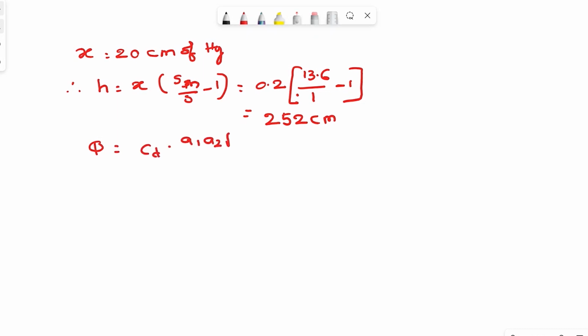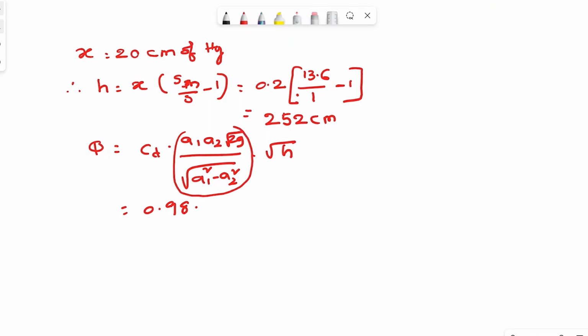So now Q is equal to CD into A1 A2 root 2g divided by square root of A1 square minus A2 square into root H. CD is given as 0.98.